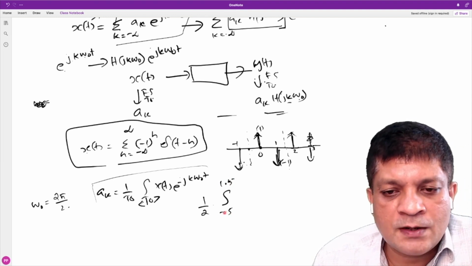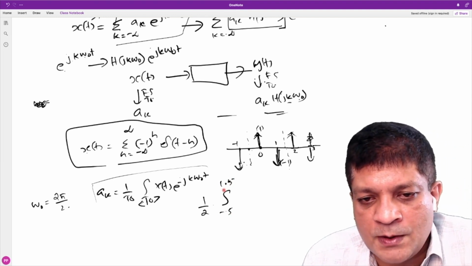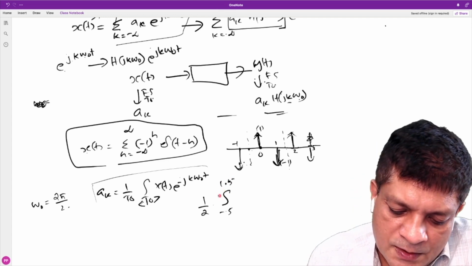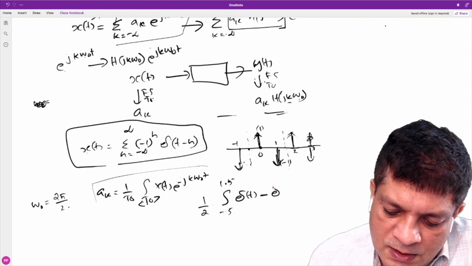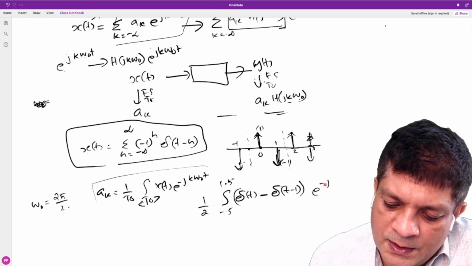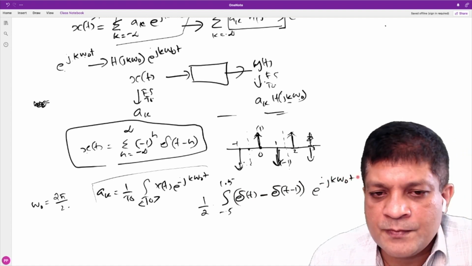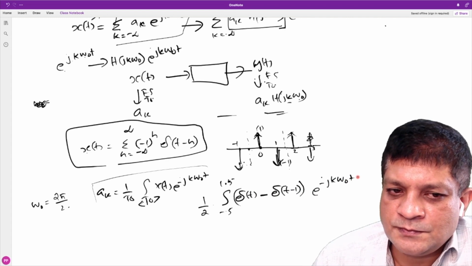Okay, that is an interval of length 2, that is one period of that signal. Then what is the expression? Can we write this as delta(t) minus delta(t minus 1), into e to the power minus j k omega naught t? Is it that? Yes, sir.